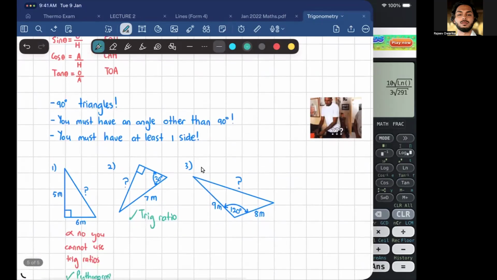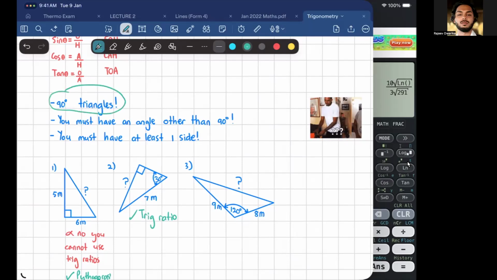Okay. Tell me, Simran, what about three? Do you think we could use trig ratios for three? Okay, let's run through the rules again.